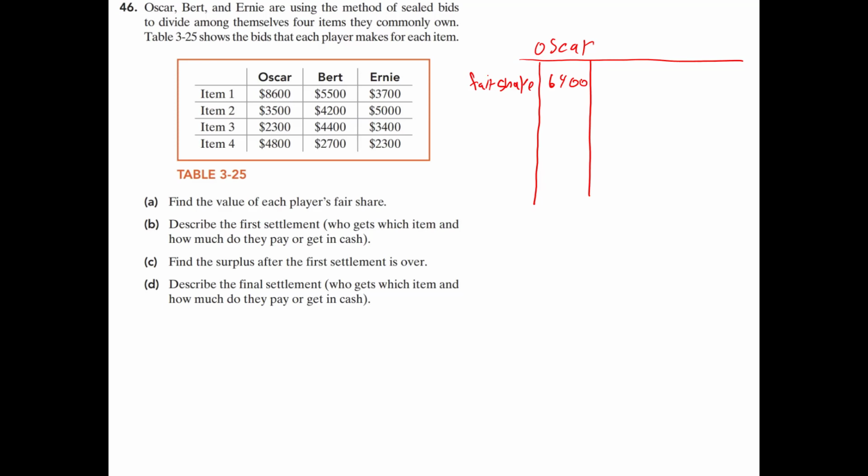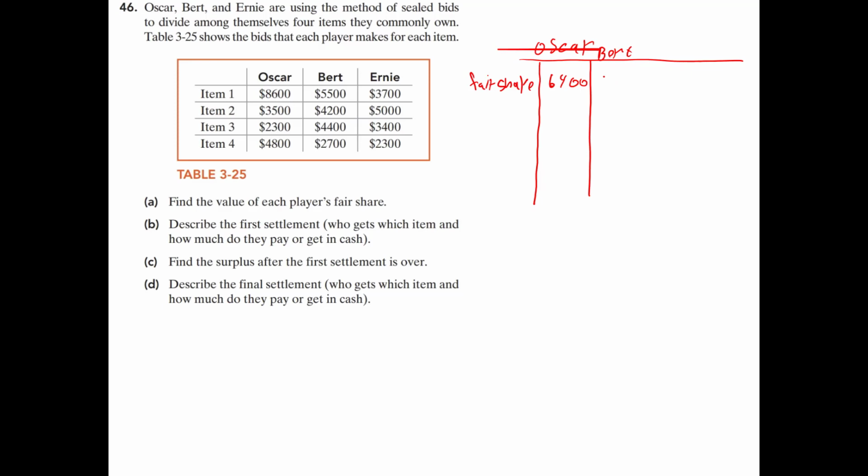Divide that by 3 and we get $5,600. Now, for Bert, he thinks this is only worth $5,600, and so he wants a third of that. And so then we get $1,866.67.